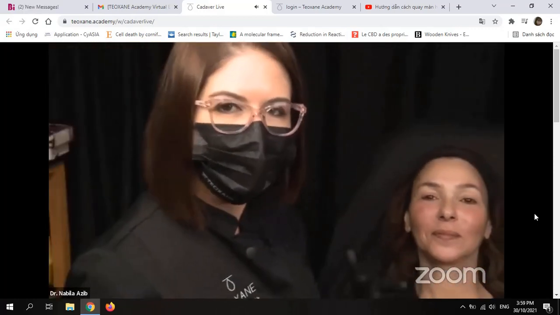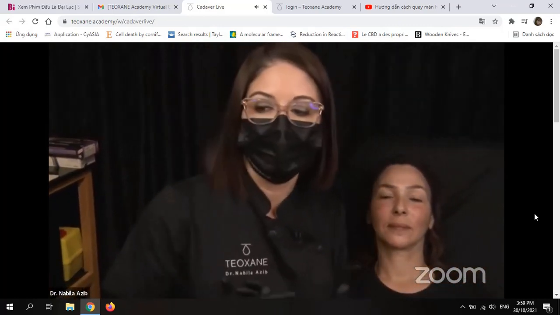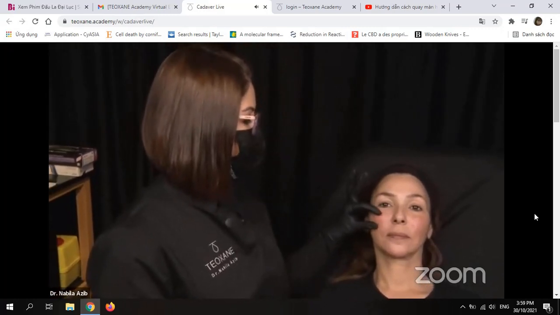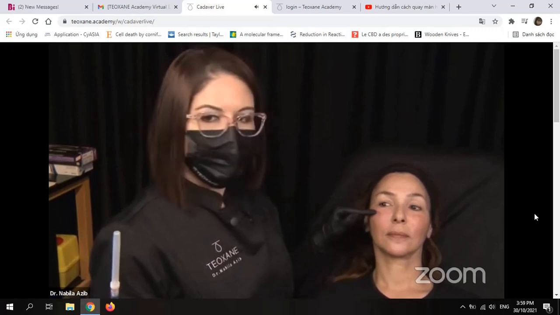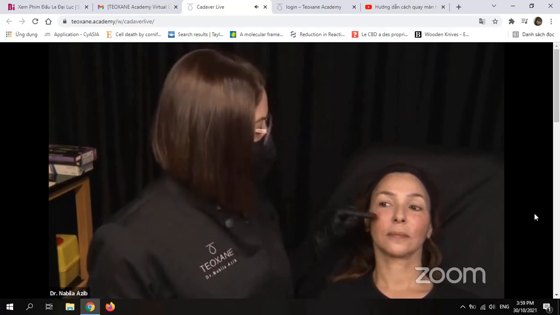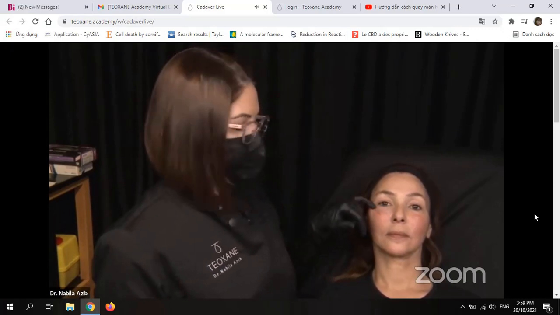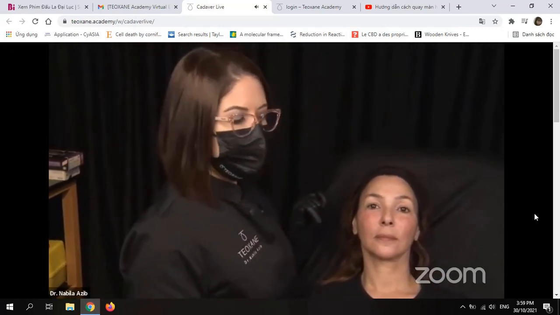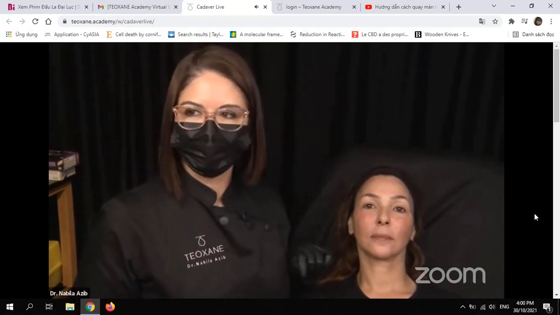So maybe she thinks that I injected huge amounts of product, but in fact I injected only, show me please, 0.8 ml of Theosyal Ultra Deep for the deep fat compartment and the lateral cheekbones, 0.4 ml of RHA for the superficial compartment of the face, 0.7 ml of Theosyal Redensity 2 for the infraorbital area, and 1 syringe of RHA for the temple.